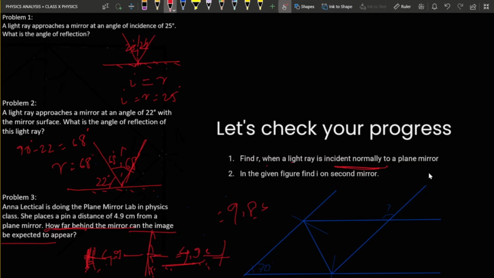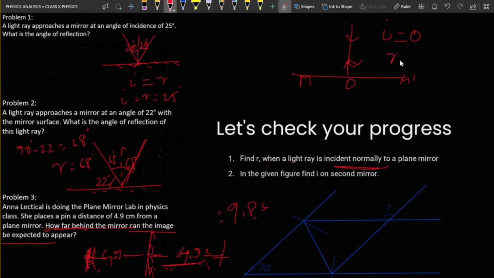Now find r when the light ray is incident normally to a plane mirror. Suppose this is the plane mirror and the light ray is incident normally, in the sense that it will retrace the same direction. Here the angle between the incident ray and the normal, the angle of incidence i, is equal to 0. Now it returns back in the same medium, as per the principle of reversibility of light.